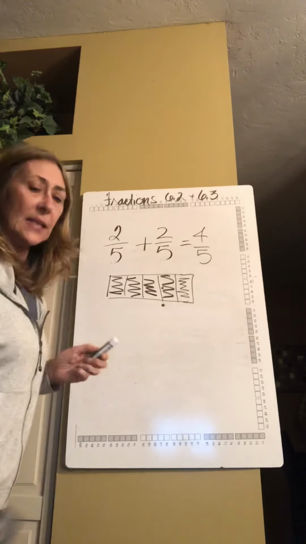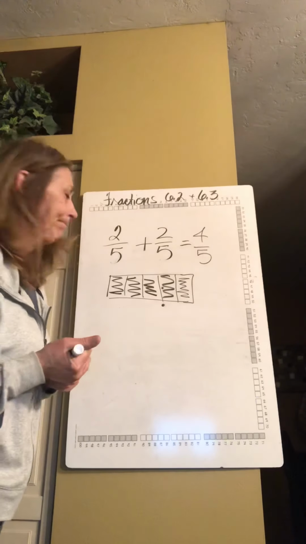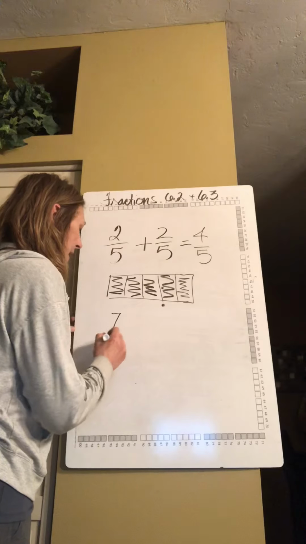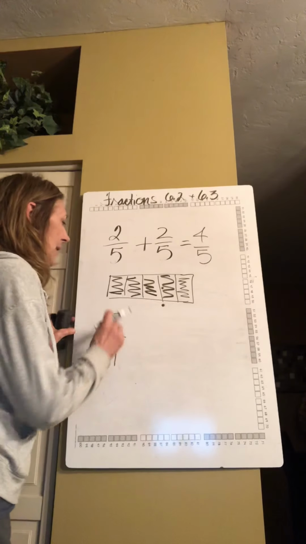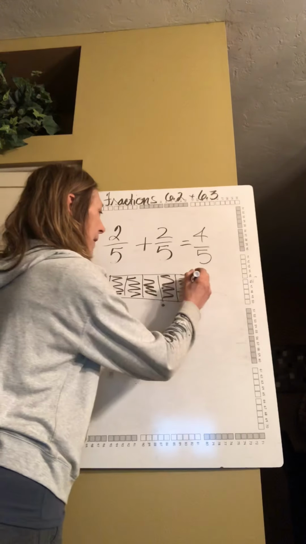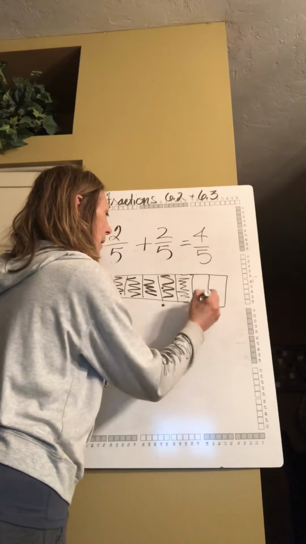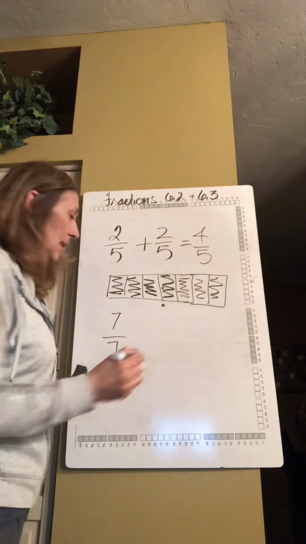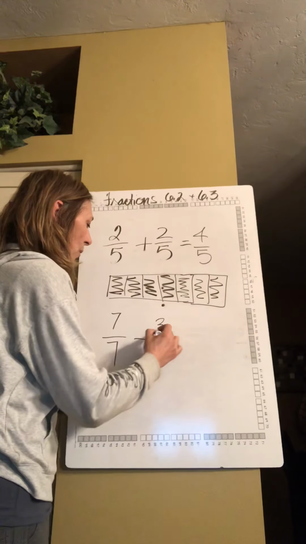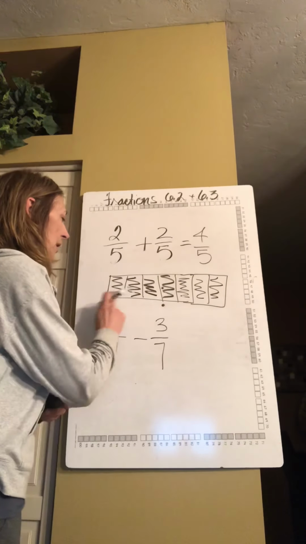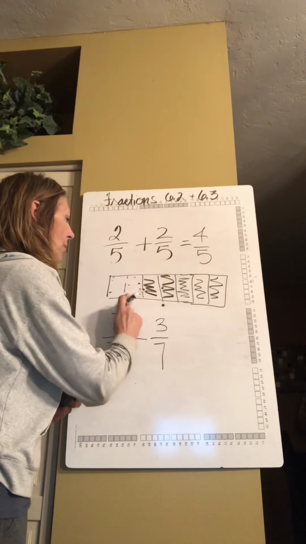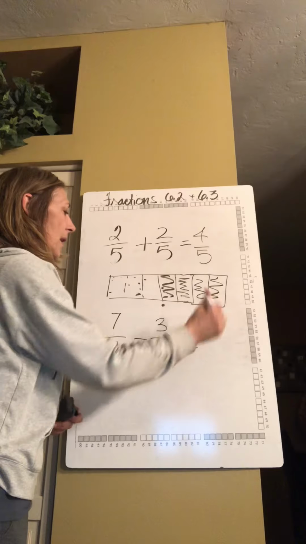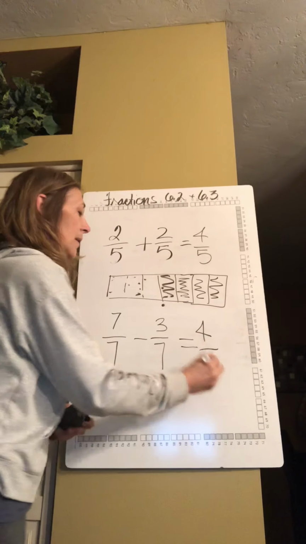So let's say I start with 7/7. 1, 2, 3, 4, 5, 6, 7. 7/7 minus 3/7. So I'm going to take 1, 2, 3 of those away, equals 1, 2, 3, 4/7.